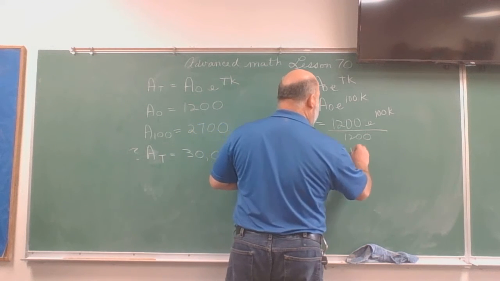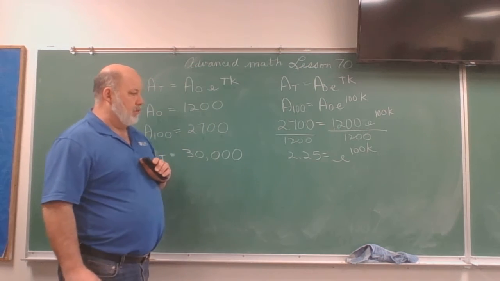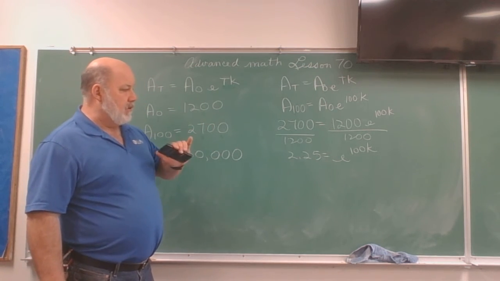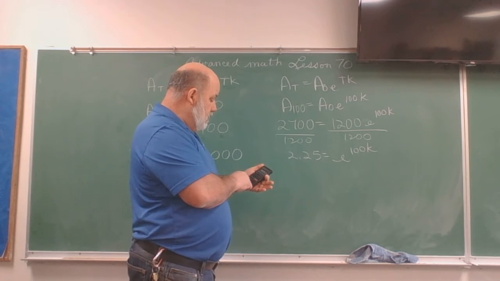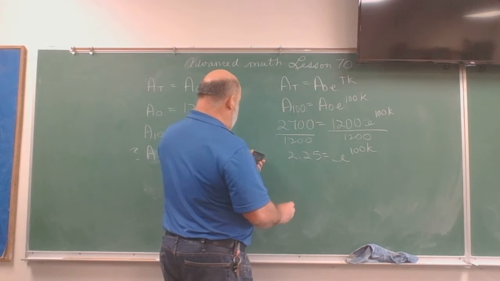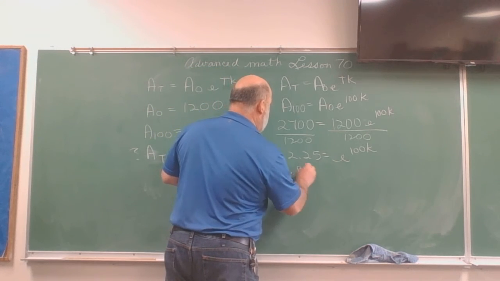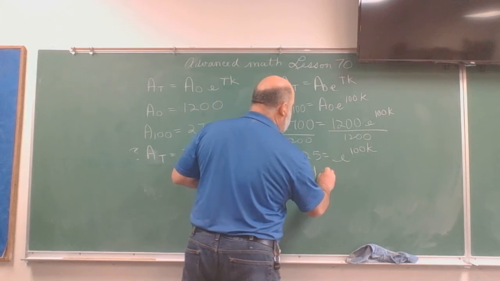That equals e to the 100k. Just like in the original problem, I'm going to take the natural logarithm of both sides. So I take the natural logarithm of 2.25 and I get 0.8109. I'm going to write it as 0.811.